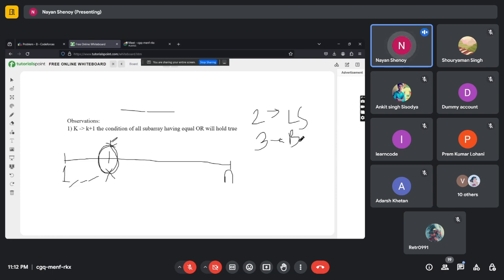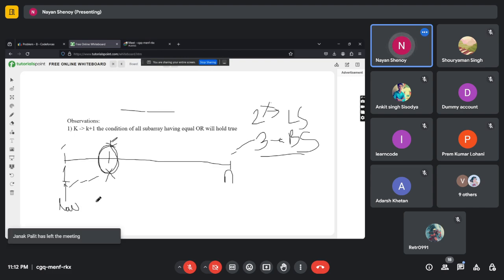And binary search was supposed to be the method that you're supposed to apply to this, because linear search was not supposed to be applied. Now I'll explain how binary search works in this case. Okay. So let's say 1 and n is our low and high.